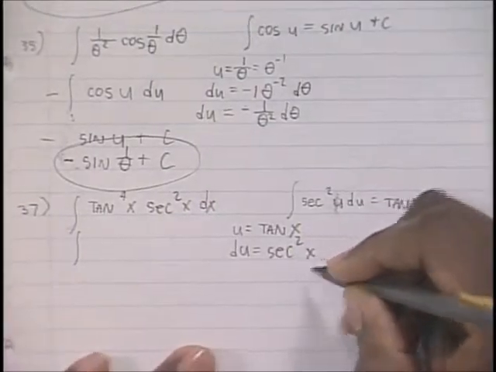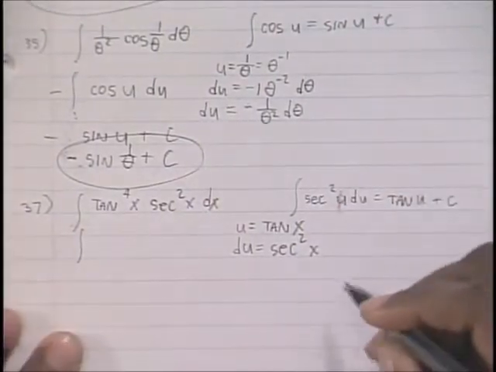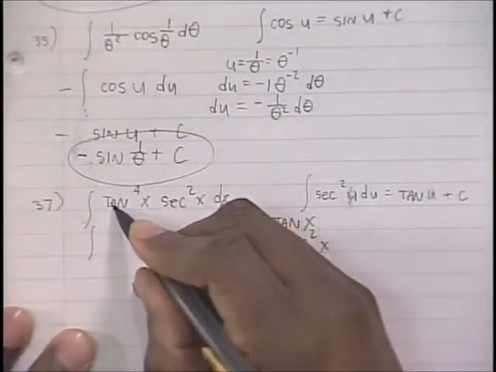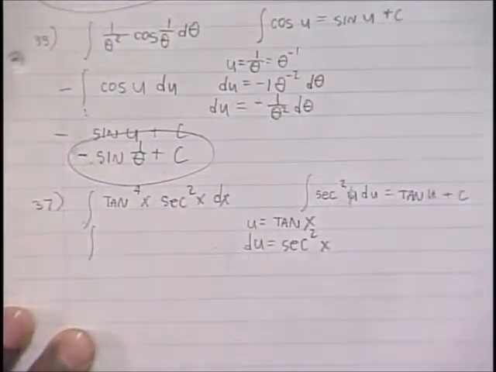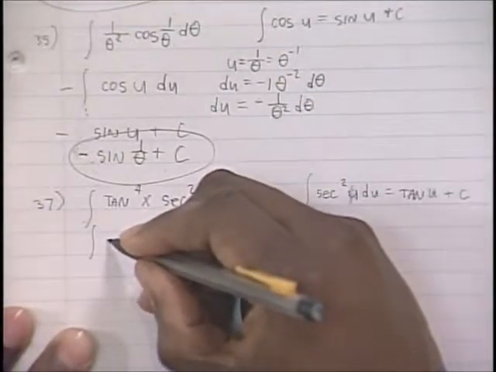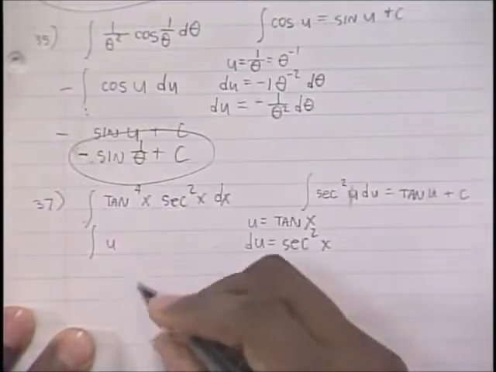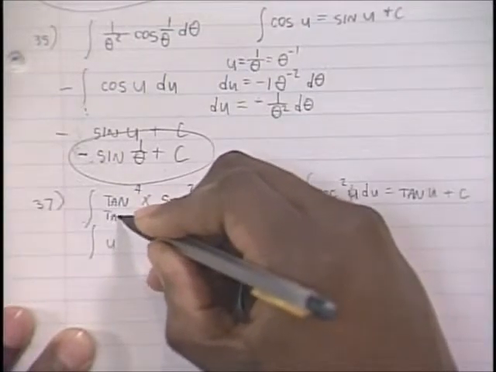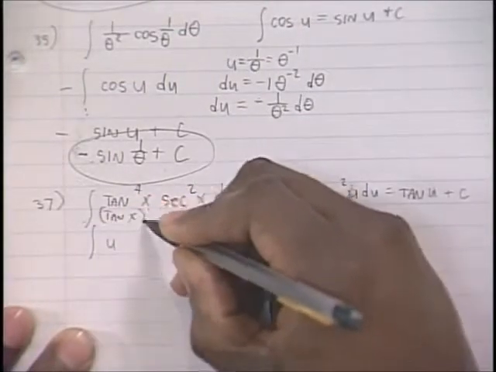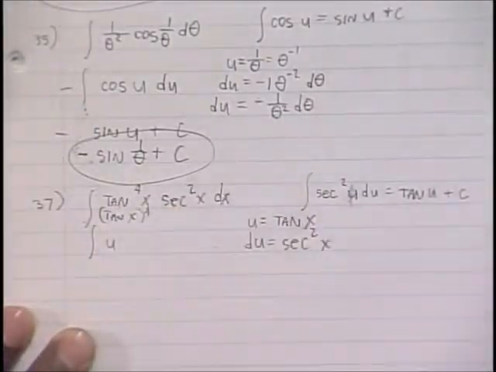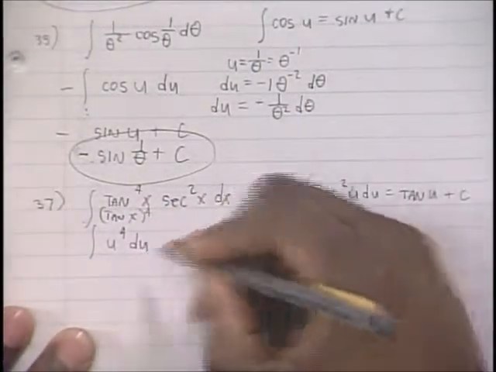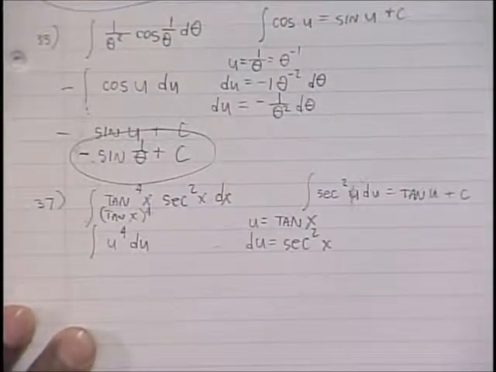So now we have the antiderivative of the tangent of x raised to the 4th, so let's make that u to the 4. Another way to write tangent of x to the 4 is tangent x to the 4. So we have u to the 4 du.